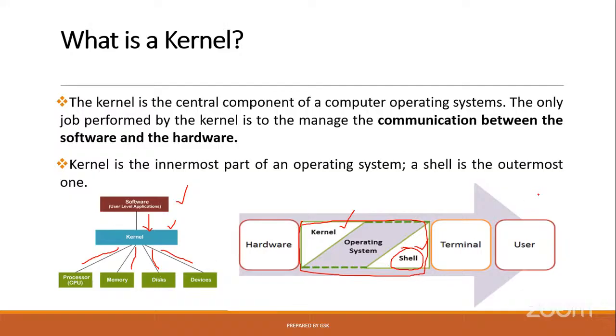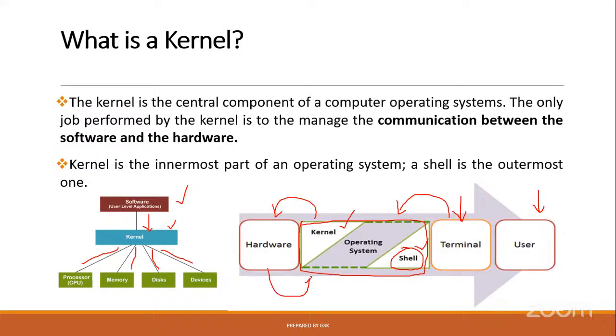Observe here, the user has to connect with the terminal. Terminal means the thing with which you are working. The terminal connects to the operating system, and the internal part of the operating system is the kernel. The kernel connects to the hardware and gets the information from the hardware.